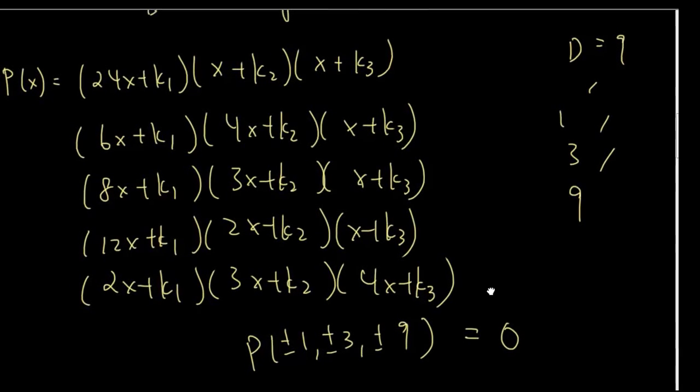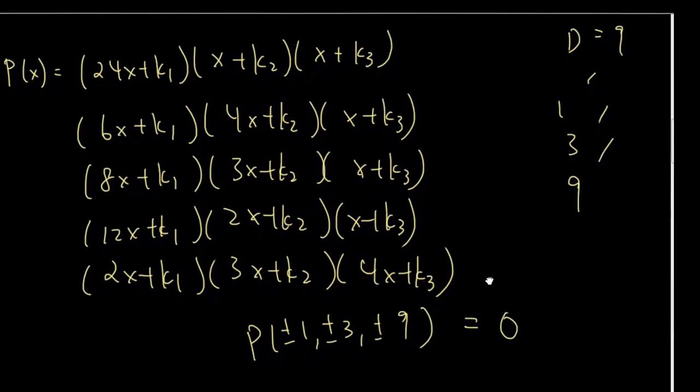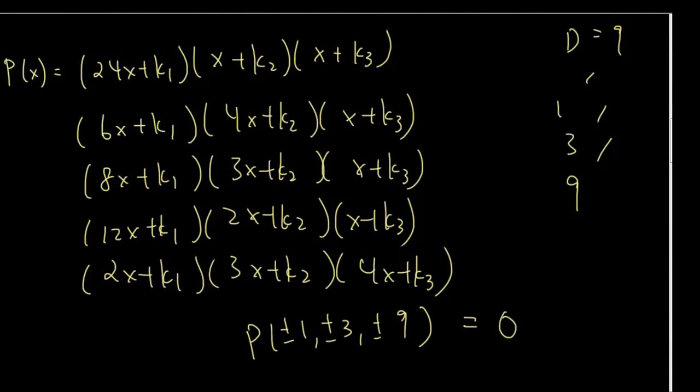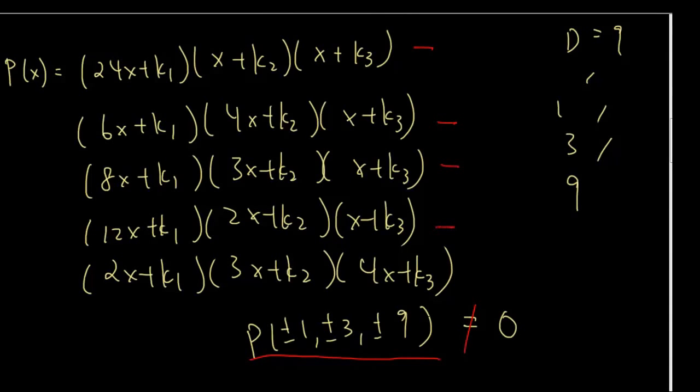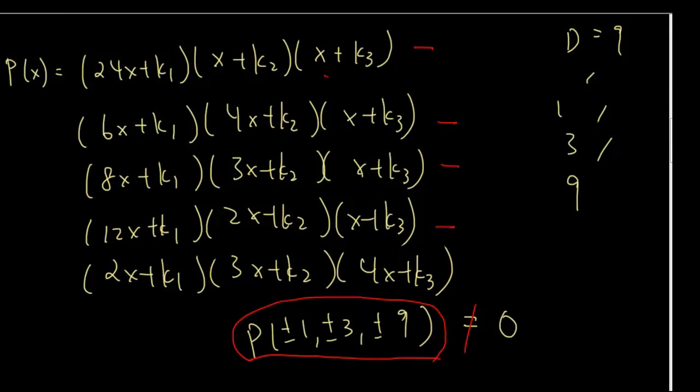The reason is because of your value a there. When you simply put plus or minus 1, plus or minus 3, plus or minus 9 into p(x) and that doesn't give you a 0, it tells you that these lines cannot be your possible factors. This result indicates that if there are real roots, they will not show as whole numbers.